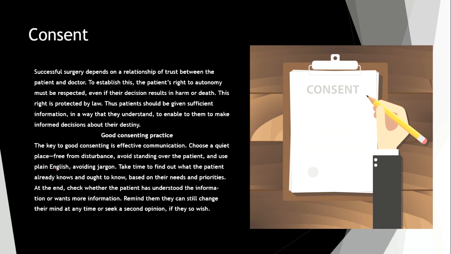So if you talk about esophagus surgery, you must say to the patient that this is a tube which connects your mouth and your stomach, because not every patient knows what esophagus means. You must use plain terms understandable by the patient.